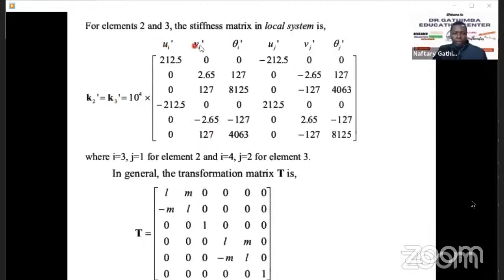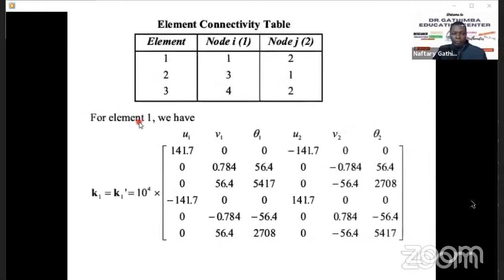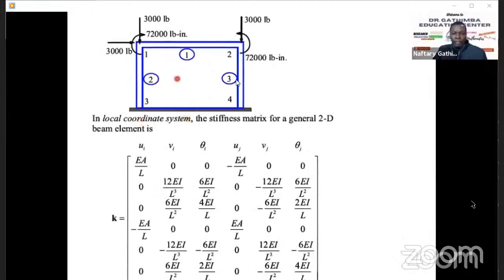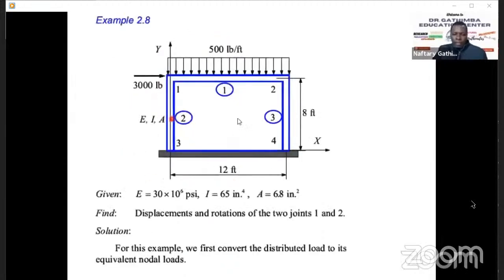Then the same for the stiffness matrix at the local coordinate system for K2 and K3, which are the same. K2 and K3 are the same because you can see the material, we are not considering the orientation because we are just at the local coordinate system. So we just need to substitute the values. EA, the lengths are the same. So element 1 had a different length.